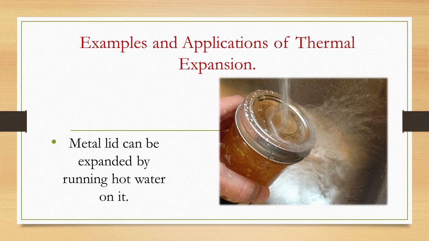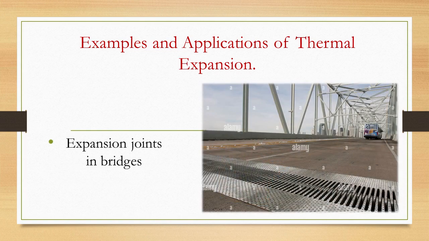The second example that we can understand about thermal expansion is regarding bridges. Bridges have a long span, and in hot weather the materials that the bridge is made up of will expand.